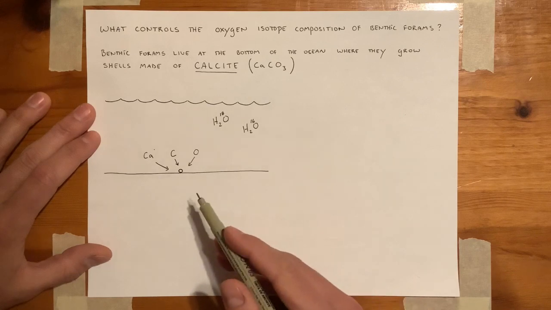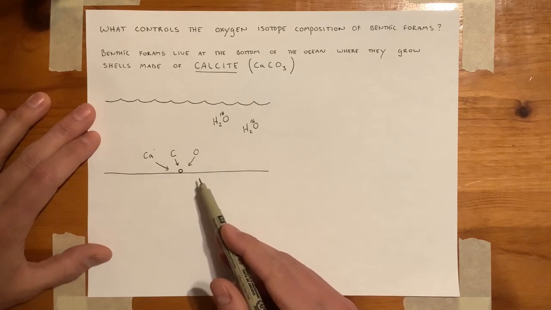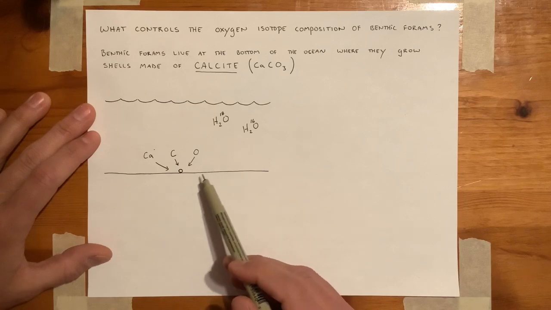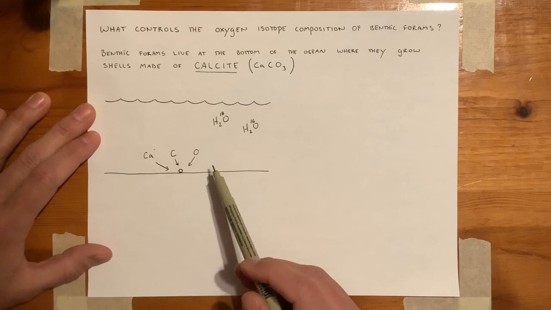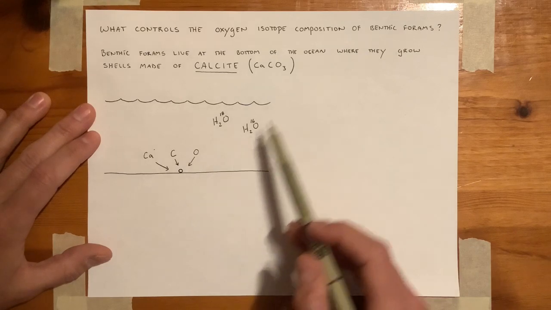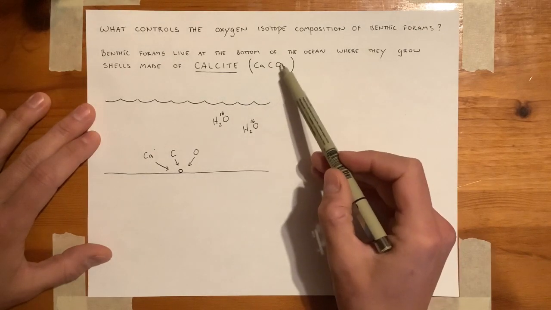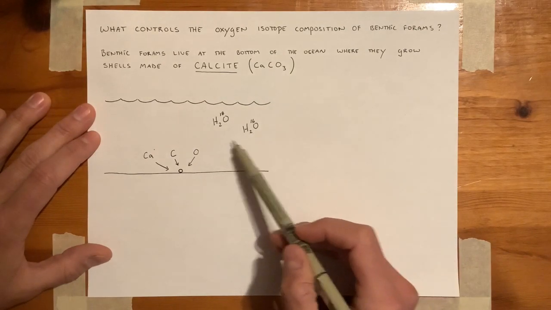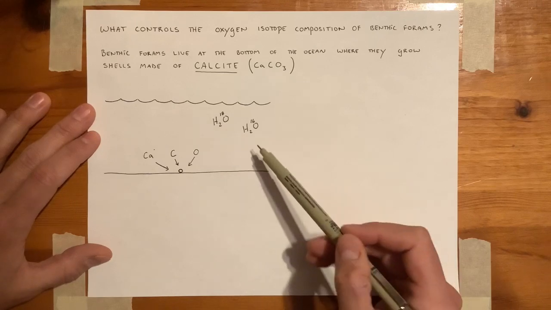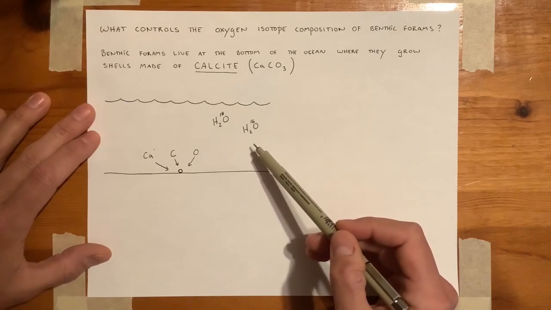Now, benthic forams grow their shells in what's called isotopic equilibrium with the water that they live in. So that means that the oxygen isotope composition of the calcite shell, the oxygen that's in this calcite shell, is going to be equivalent to the oxygen isotope composition of the water that foram lives in.